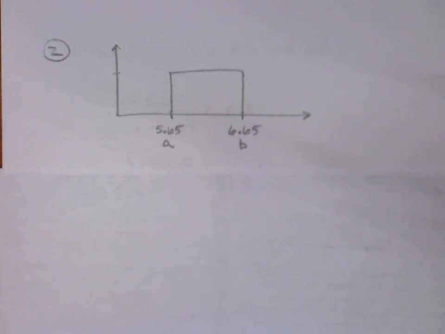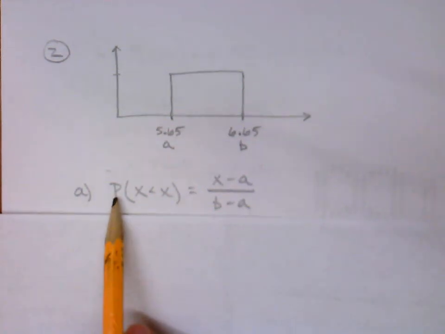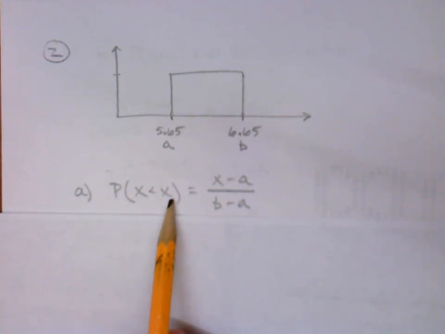In part A, it says, if on the first day of school a first grader was randomly selected, what is the probability that he or she was less than 6 years old? Okay, so we've got our formula for the uniform distribution for the probability. We still think of it as the probability P of capital X less than little x.